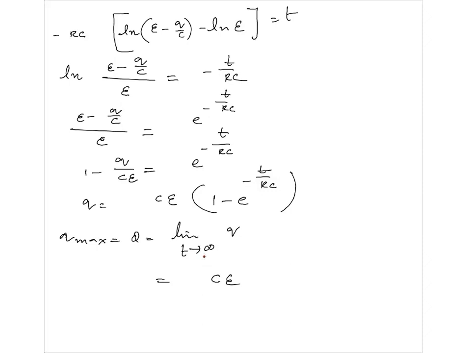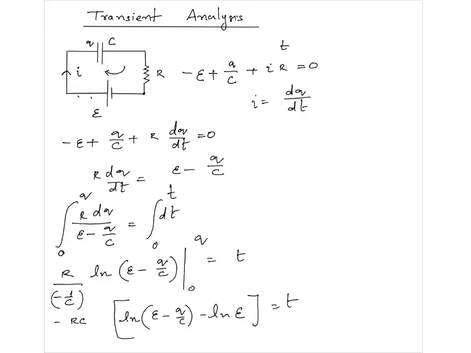And what you find practically is that it does not take long time to charge a capacitor fully by following this procedure. So while in theory it looks like t tending to infinity, in practice this time is very, very short, and in that short period of time capacitor gets fully charged. Now once it is fully charged, the story no longer belongs to transient state analysis.